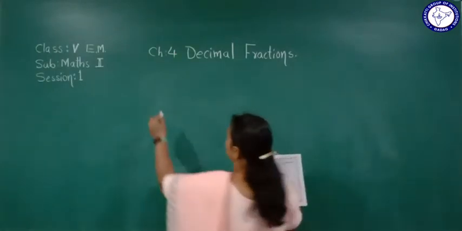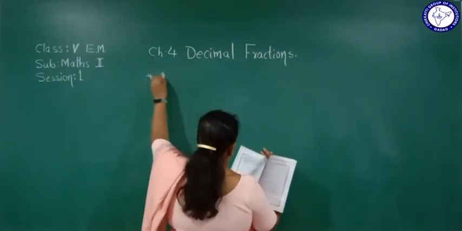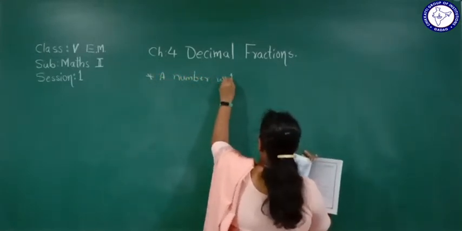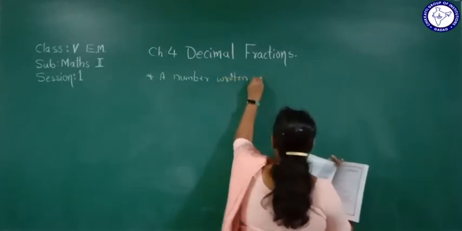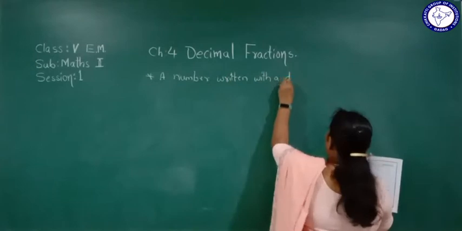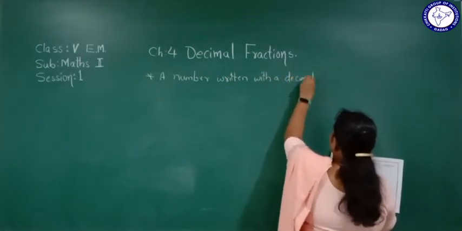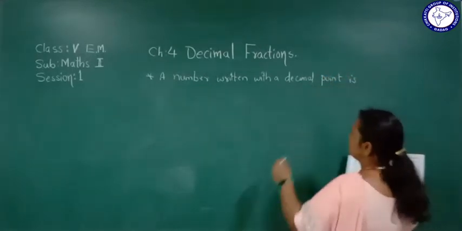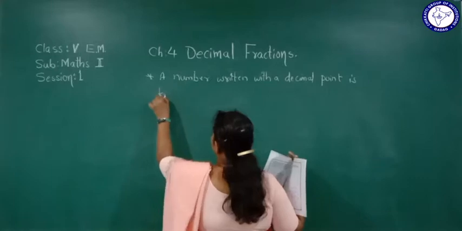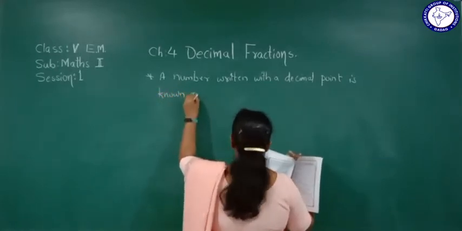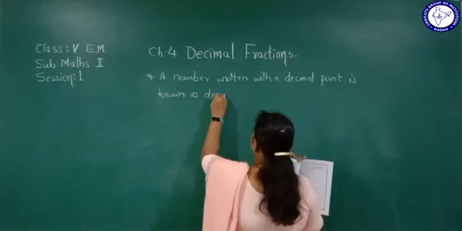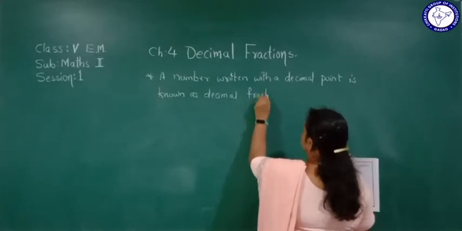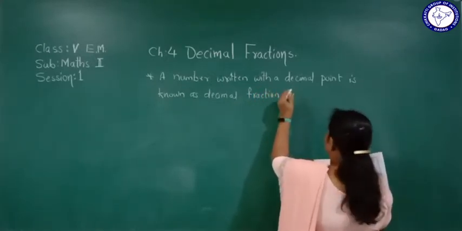First point, a number written with a decimal point is known as a decimal fraction or decimal number.